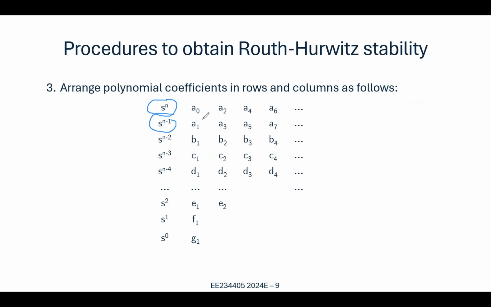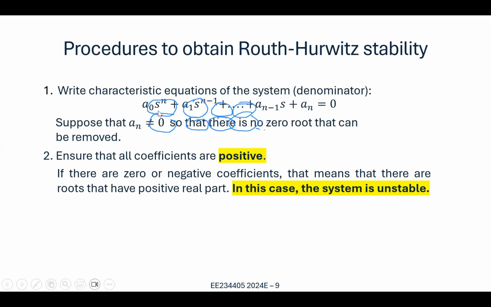For example, a0 we put here, a1 we put here, and then a2, a3, a4, a5, and so on. What are a0 and a1? They are the coefficients of the polynomial equation: a0 is the coefficient of the highest order, and a1 is the coefficient of the second highest order, and so on.